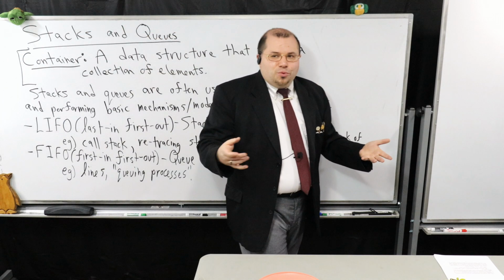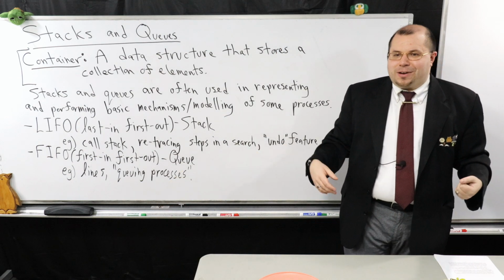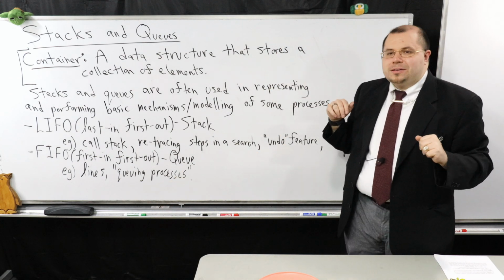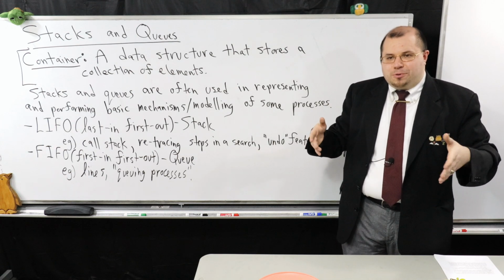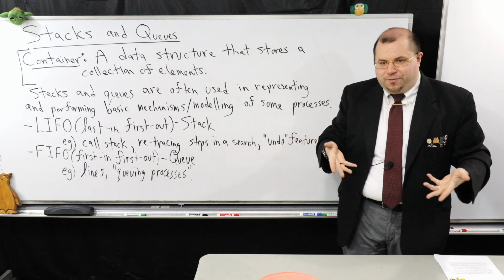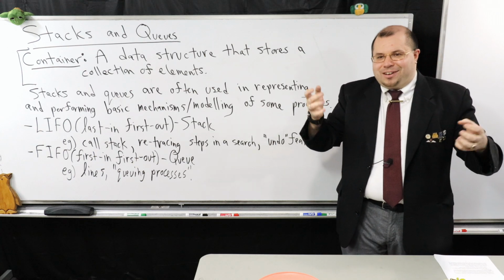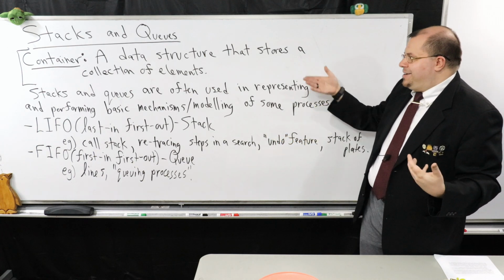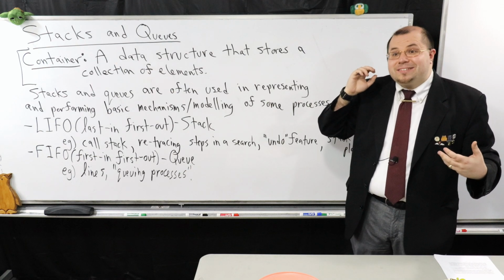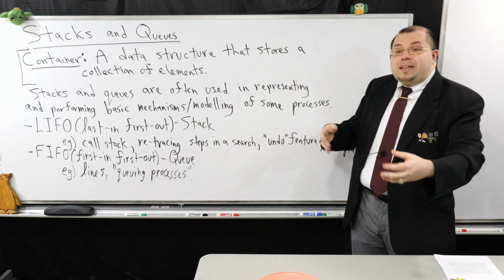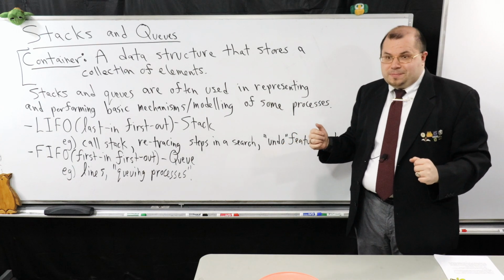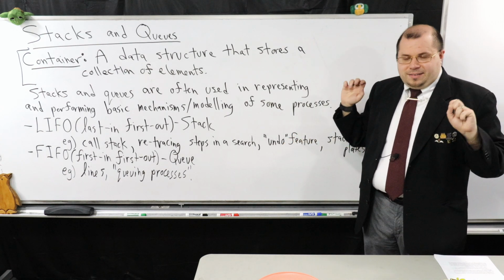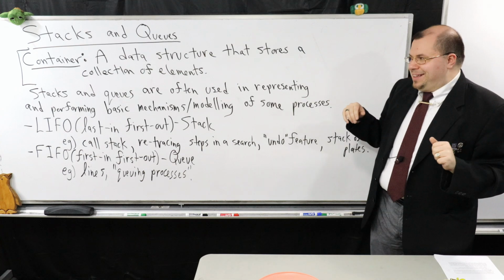But the way we insert and remove elements from this container differs from, say, when I just have an array, where I can do all sorts of things, right? Because an array technically is a data structure that stores a collection of elements as well. So we can have many different kinds of containers.